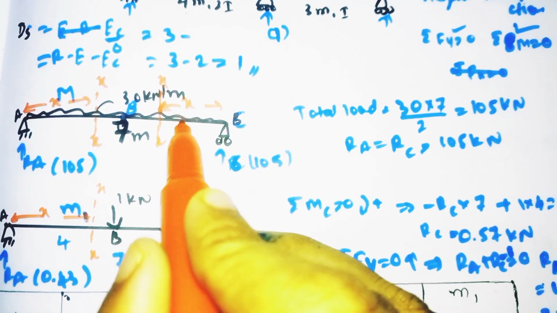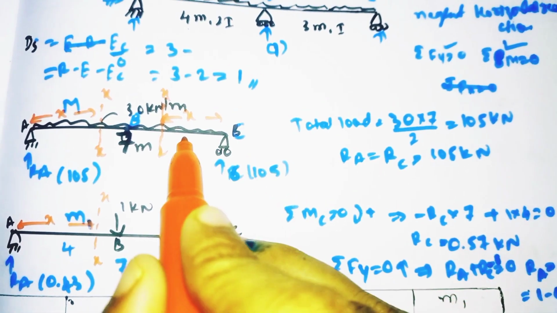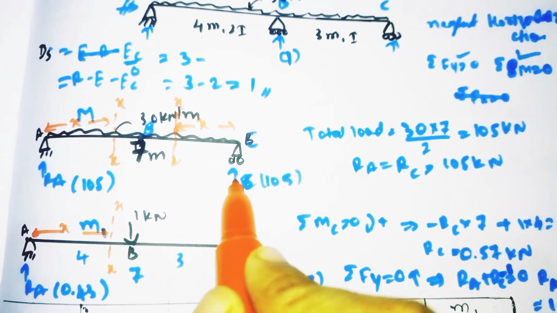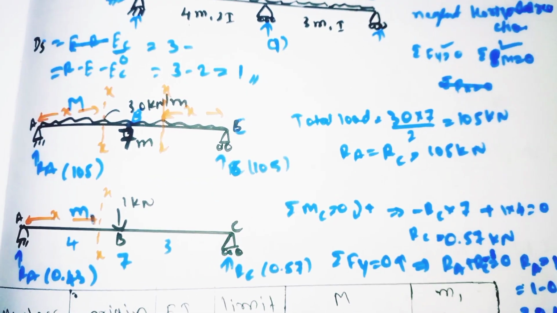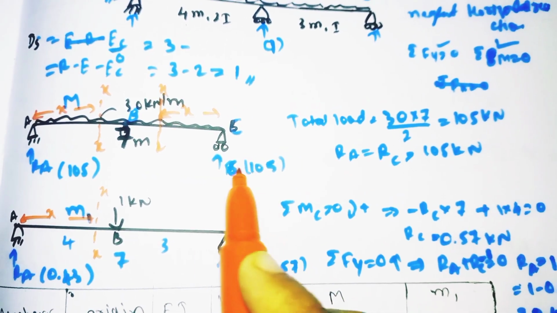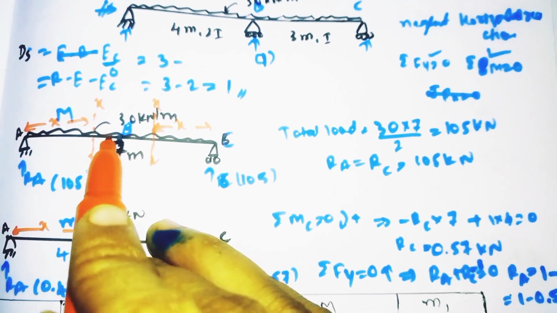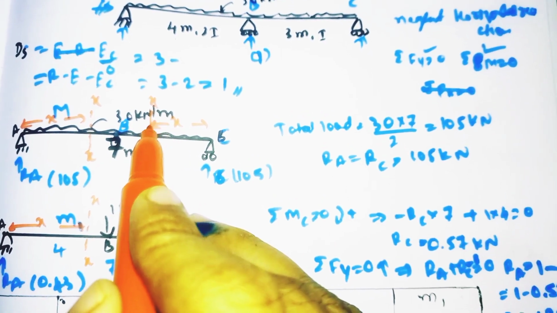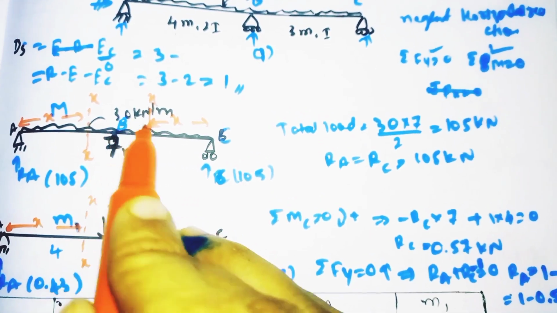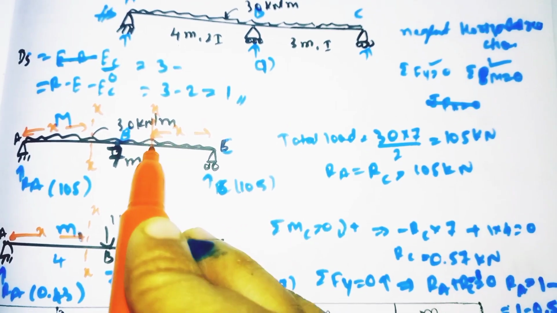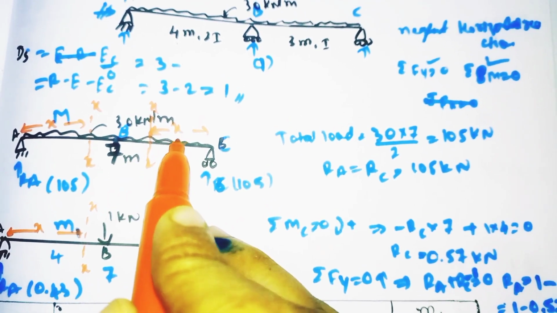It is acting at a distance of x. So 105 into x. It is also going upward, so we need to take the positive. 105 into x. Here also UDL is acting. Always remember while calculating the moment, above the section we need to take the positive and below the section we need to take the negative. UDL is moving downward, we need to take the negative here.